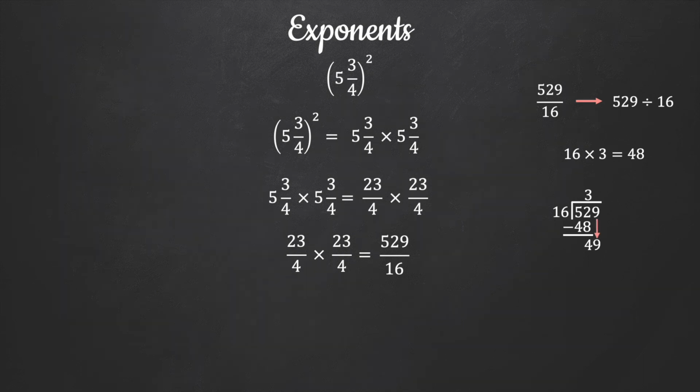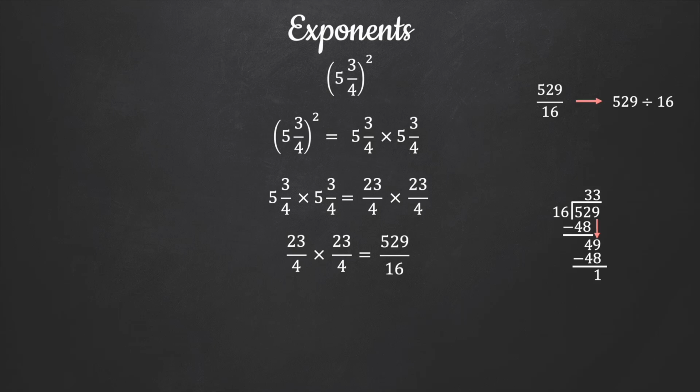And then we bring down our 9. And then we ask ourselves, how many times does 16 go into 49? 16 goes into 49 3 times because 16 times 3 is equal to 48. So then we're going to subtract. 49 minus 48 is equal to 1.